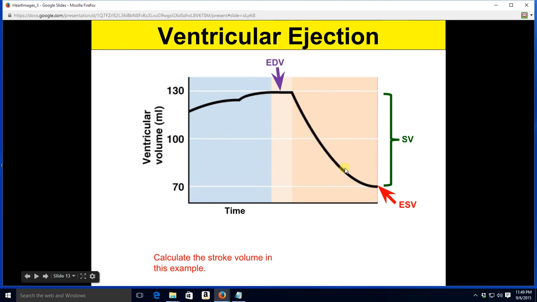During ejection, it drops to a normal value of about 70, and that value of 70 is our end systolic volume. If you wanted to, you could calculate the stroke volume here: 130 minus 70 gives you 60.